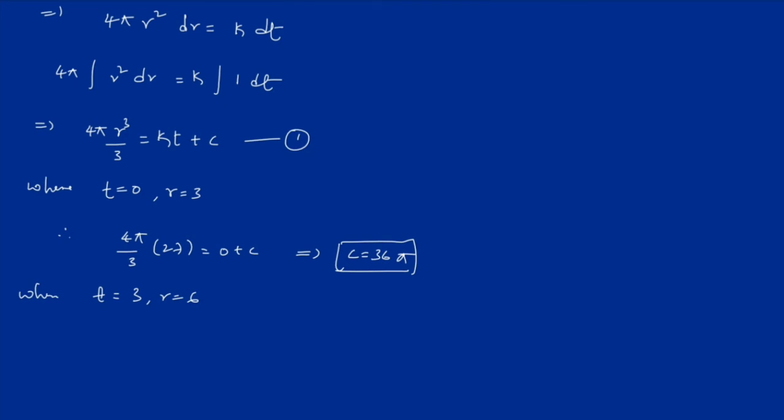Now substituting in equation 1, 4 pi by 3 into 6 cube, which equals 3k plus c, which implies 288 pi after simplifying equals 3k plus 36 pi.